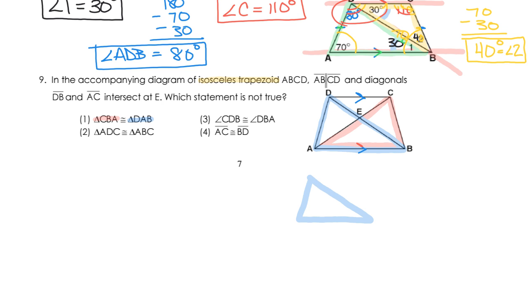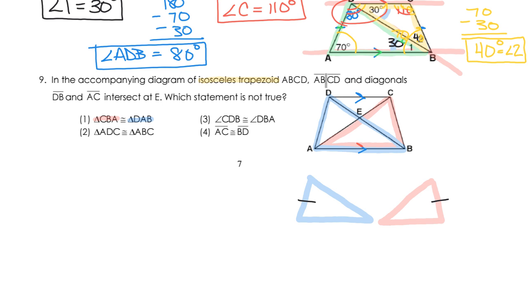If we go ahead and pull these triangles out, we have 5 theorems that prove triangles congruent. All 5 theorems require 3 pieces. So I'm wondering if I can look here and say, all right, since this is an isosceles trapezoid, I know that this side would be equal to that side, since the legs or the non-base sides are equal.